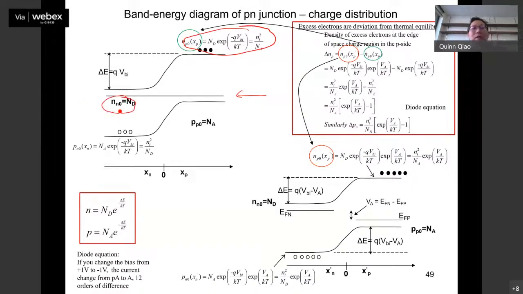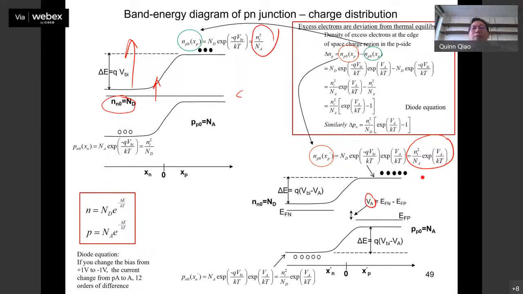Now let's see if I add the forward bias VA, that's I push everything up from the left side. And then you see the total electrons I can get from the P side is this much. You see the difference? Okay, let me write this here. You see this one? Later it becomes this, right?